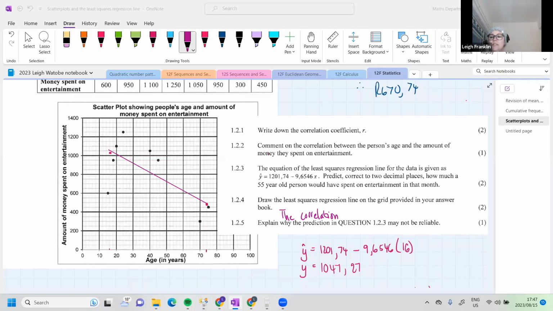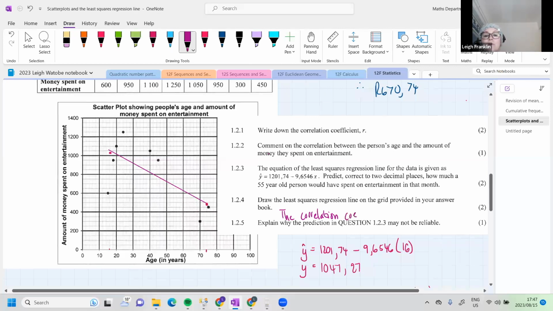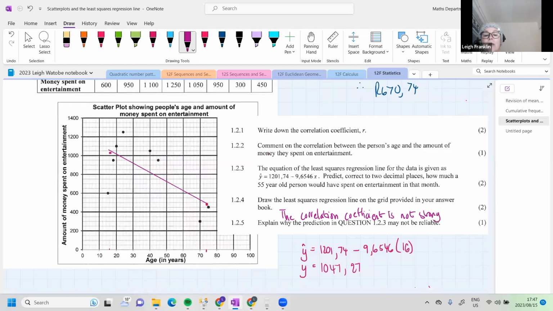But it's because it's not close to -1 that it's unreliable. The correlation coefficient is not strong, therefore the data is not reliable.